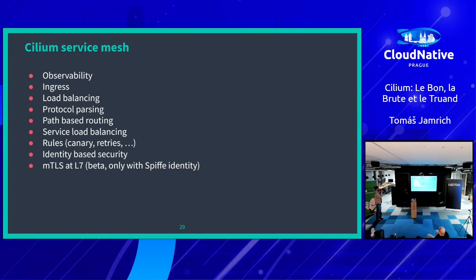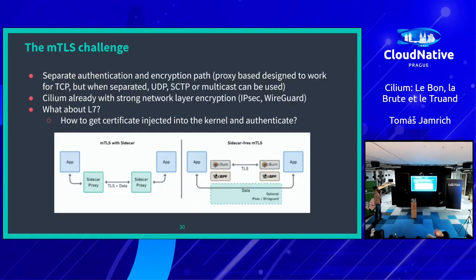There's one great thing that's missing, and that's mTLS on layer 7, which is currently in beta and right now only works with a SPIFFE identity. But there is ongoing effort, even an effort to bring this mTLS authentication down into the kernel, but I think we are not there for some time.